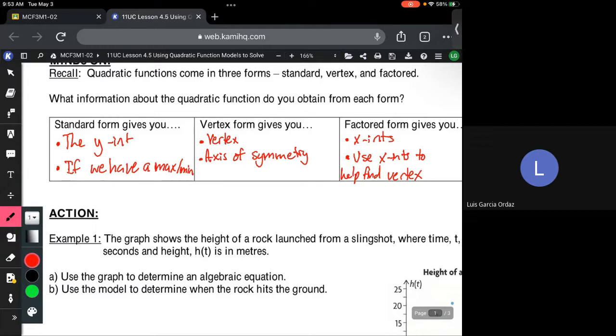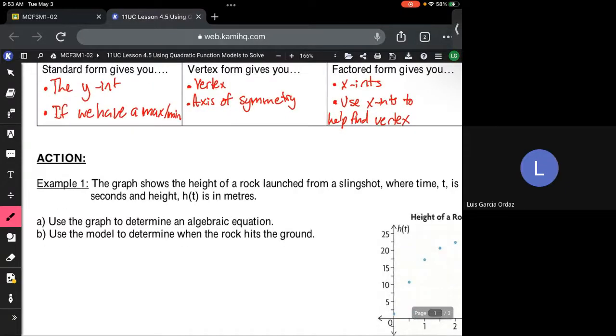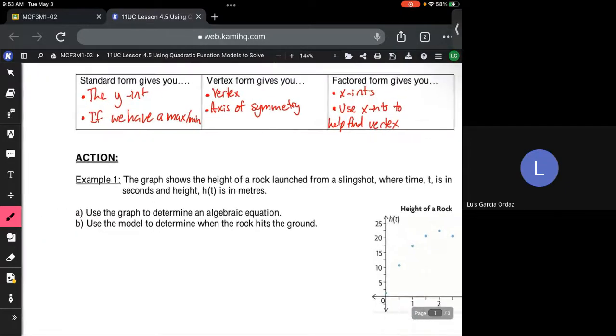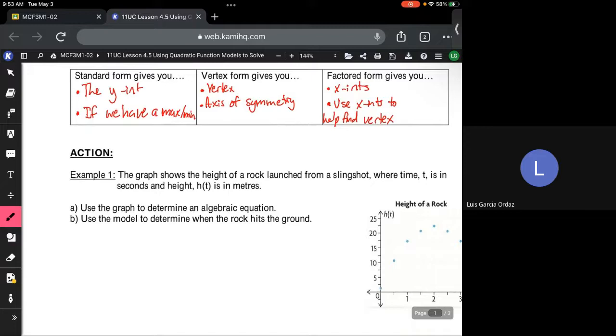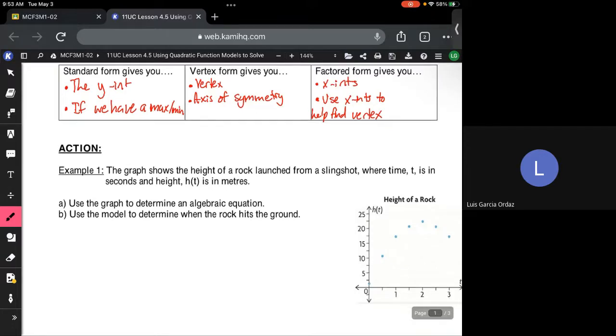Okay. So the first one: the graph on the right shows the height of a rock launched from a slingshot, where time t is in seconds and the height h of t is in meters. So we basically want to figure out an equation for our parabola.